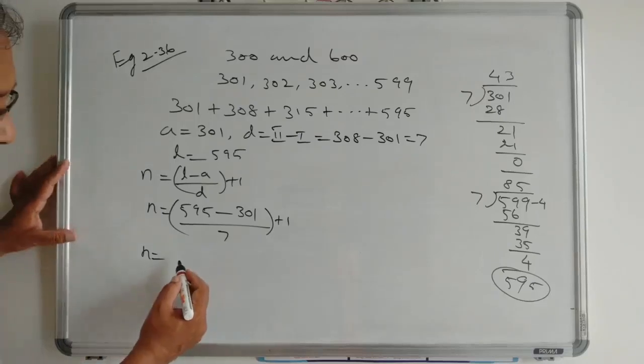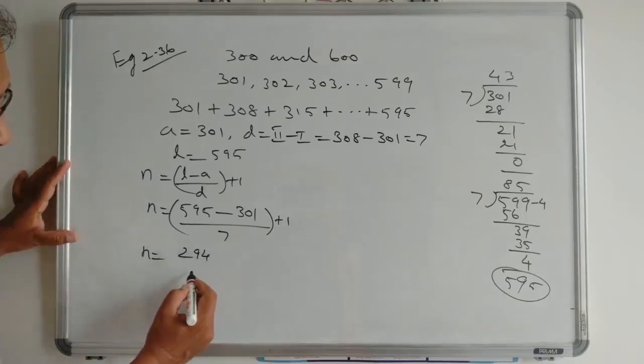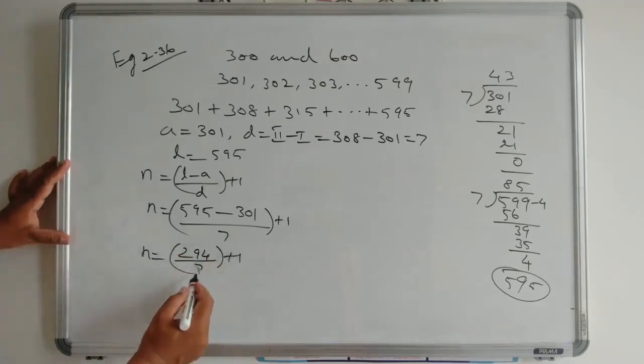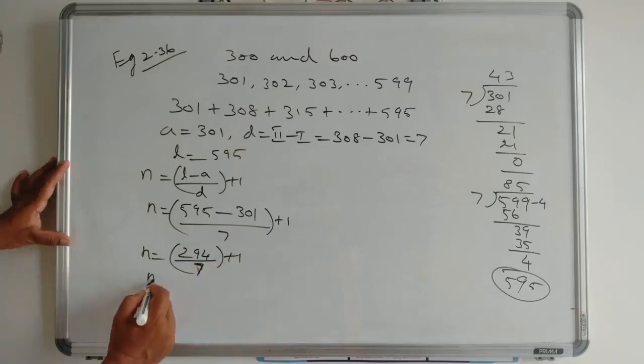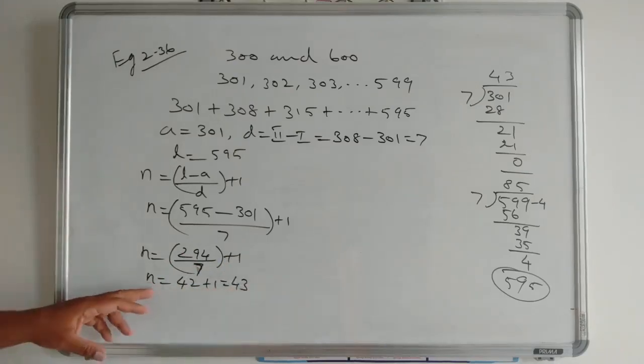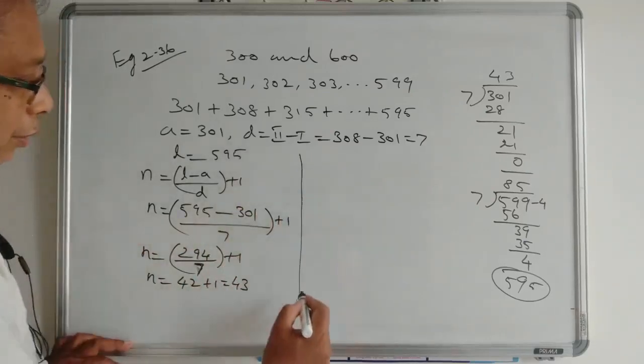595 minus 301 gives 294, divided by 7, plus 1. 7 into 294 is 42 times, and 42 plus 1 is 43. Therefore N value is 43.